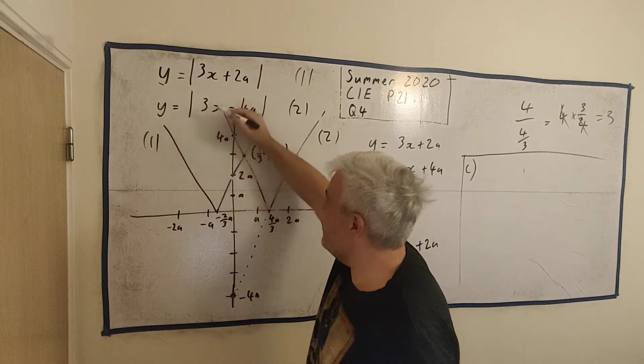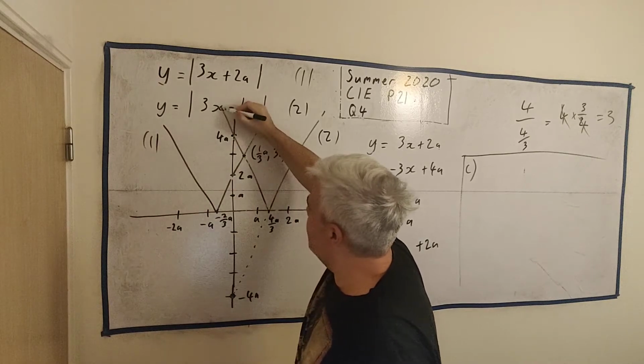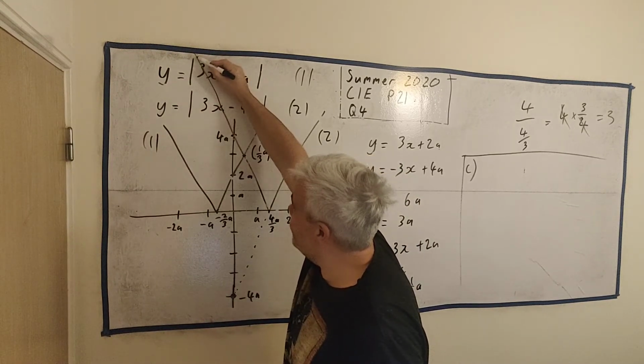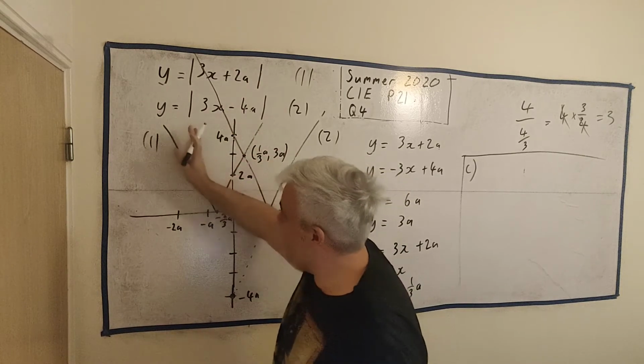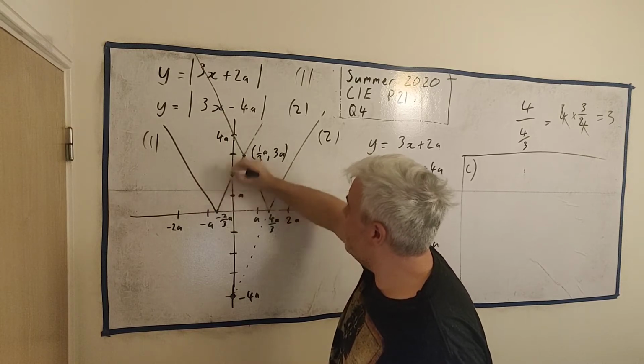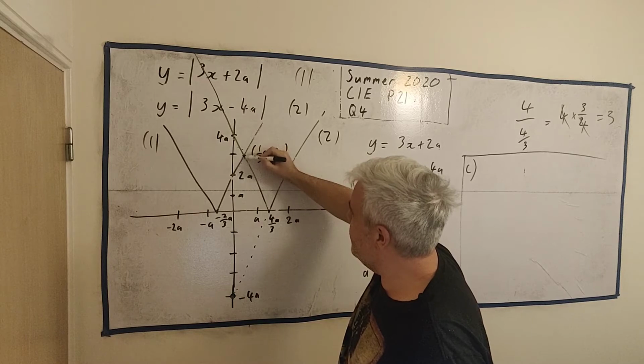This one stays going up. 1 is less than 2 here. It'll be less than 2 the whole way down. This one's less than this one, less than this one.